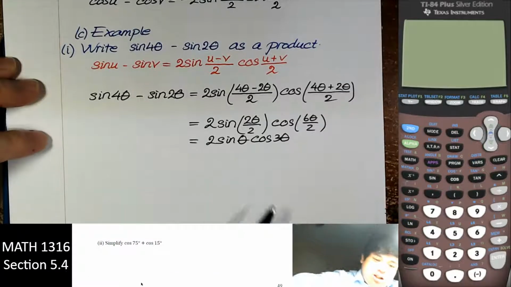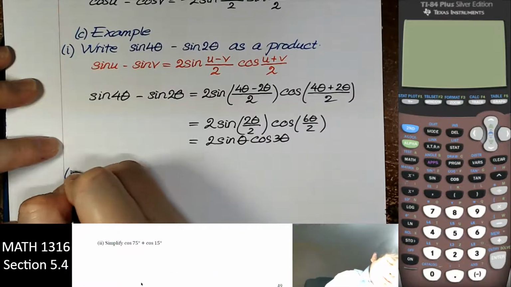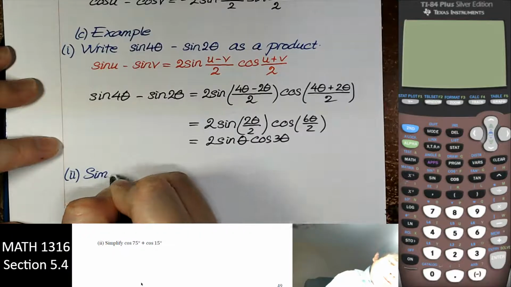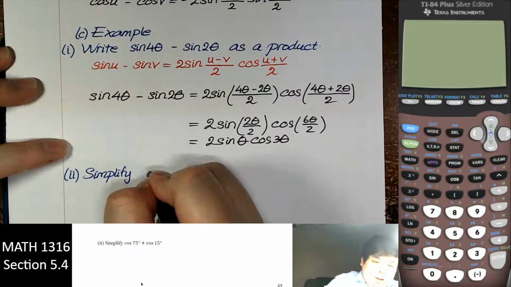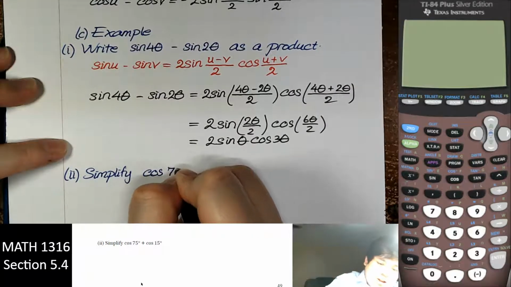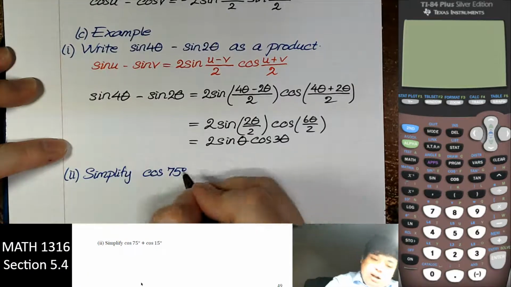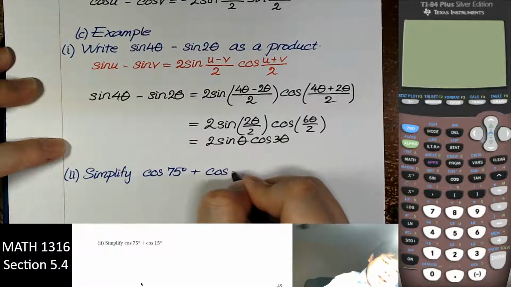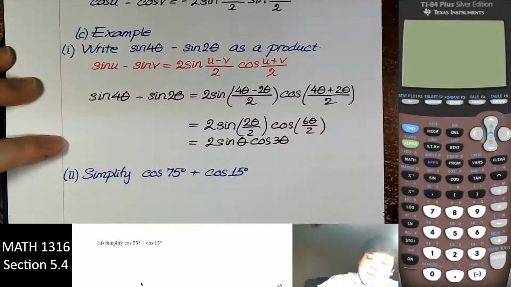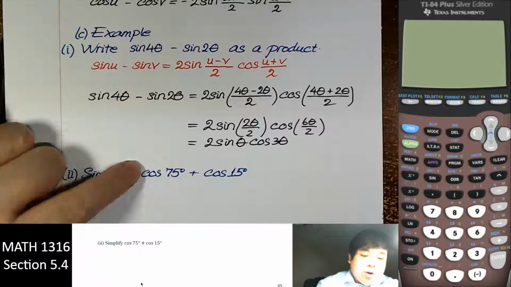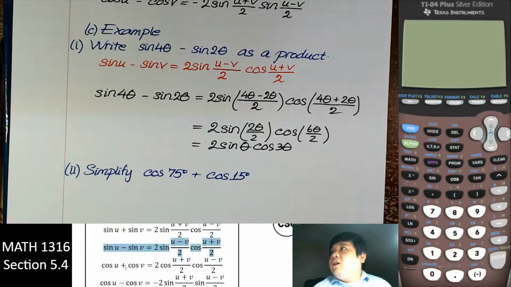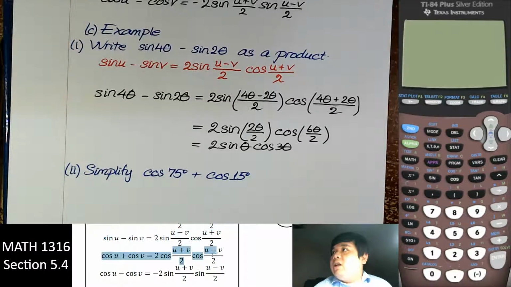Right, and next, simplify cosine 75 degrees plus cosine of 15 degrees. So we have a cosine plus cosine.